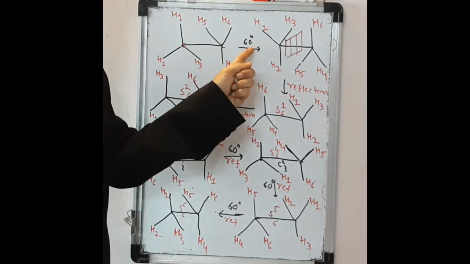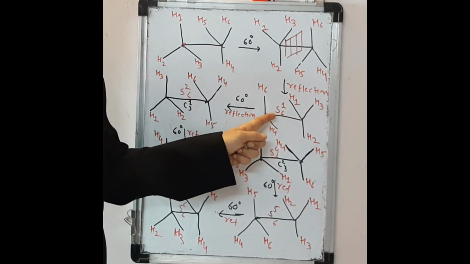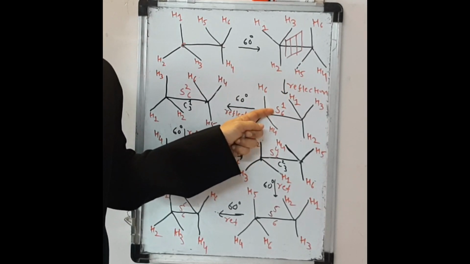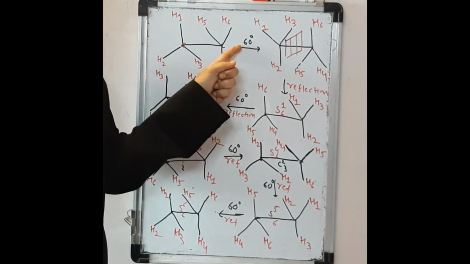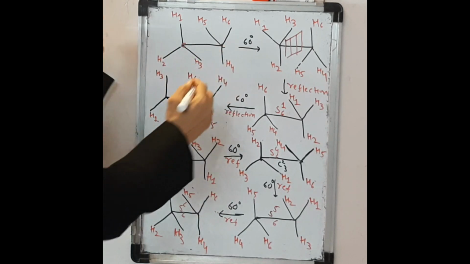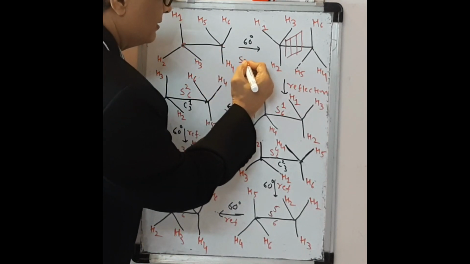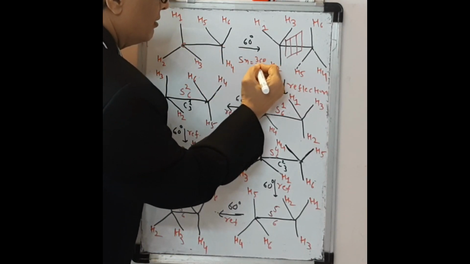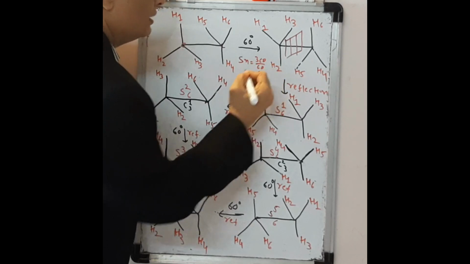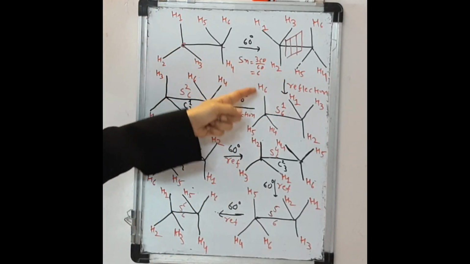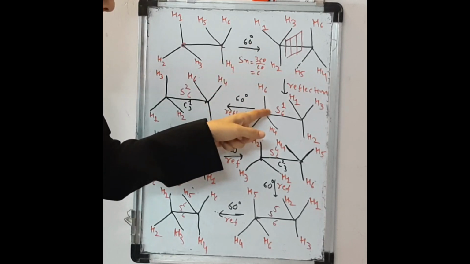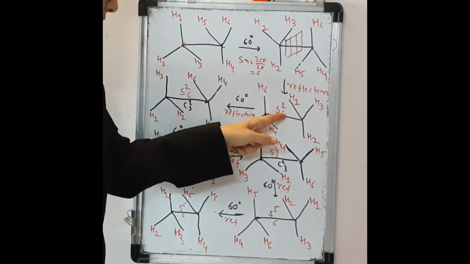Here the first rotation by 60 degree followed by reflection is denoted by S16 because here theta is equal to 60 degree and therefore n is equal to 360 by 60, therefore 6. Therefore n is equal to 6. This is the first rotation, so it is denoted by S16.